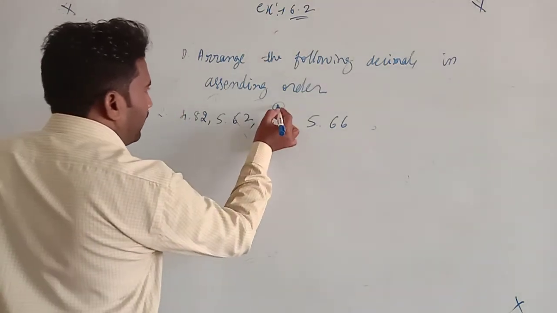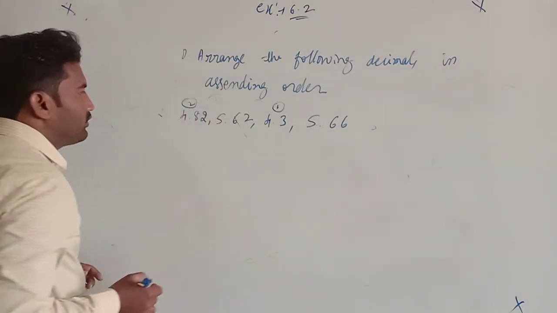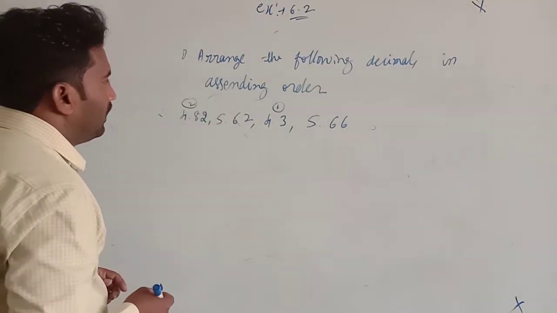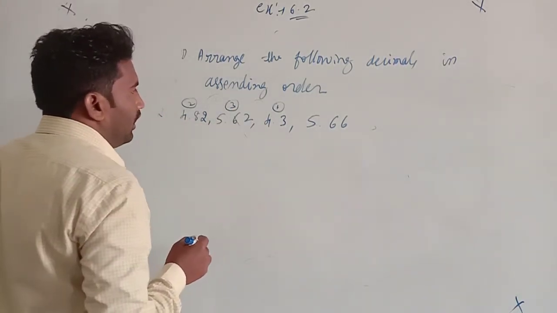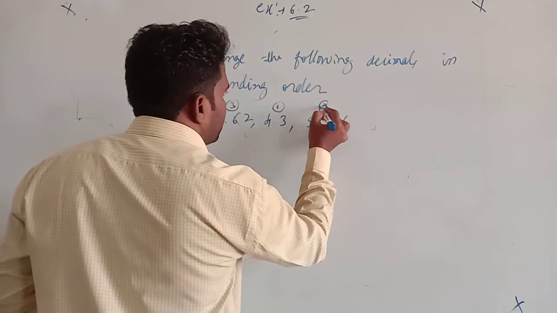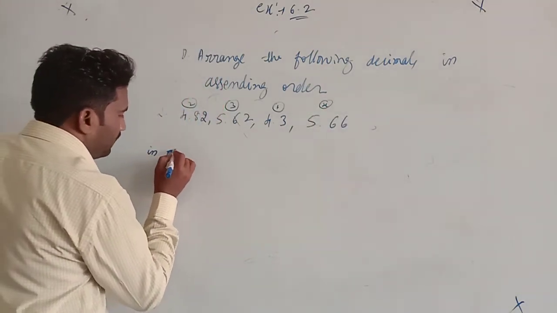Next greater than 4.3 is the second, that is 4.82. In third order, that is 5.62. So last it is 5.66.